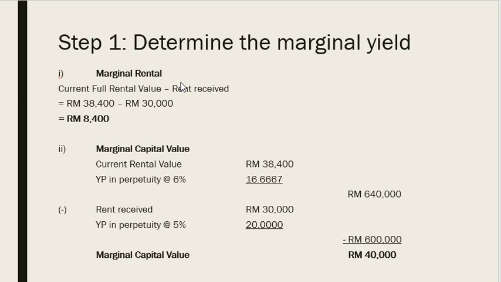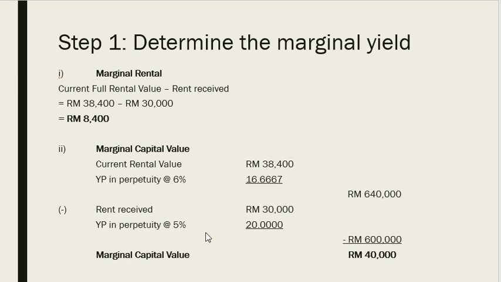The general formula of yield is rental divided by capital value times 100. That is the basic formula for yield. If you add the word marginal, it basically means margin. So the marginal yield formula is marginal rental divided by marginal capital value times 100.